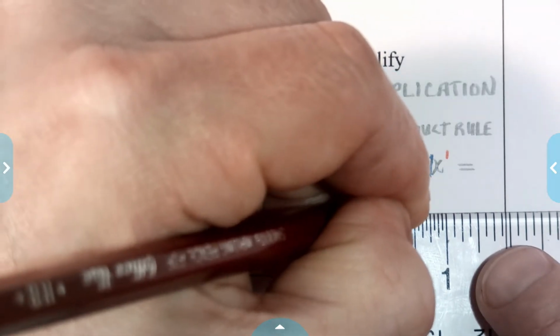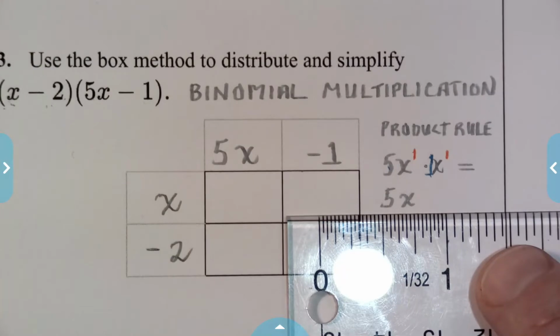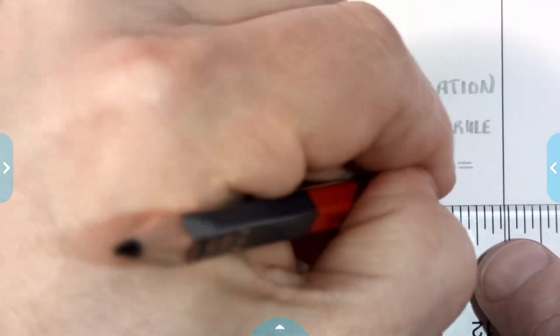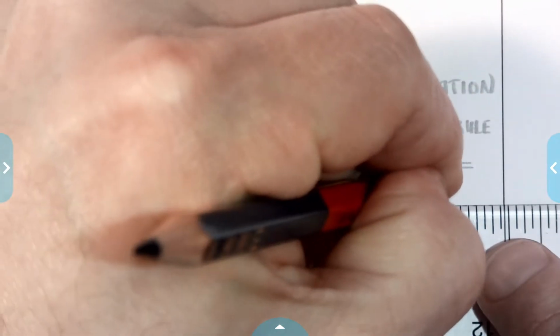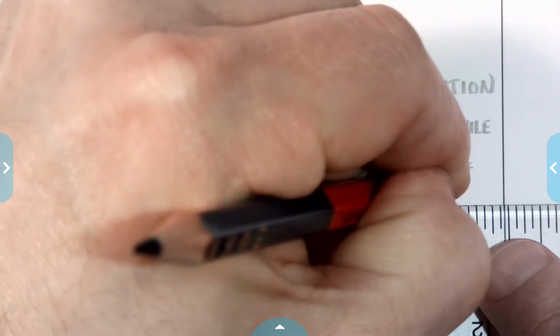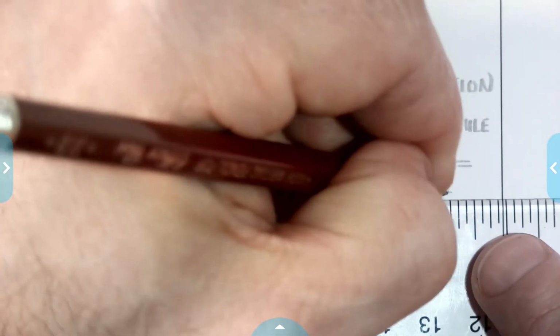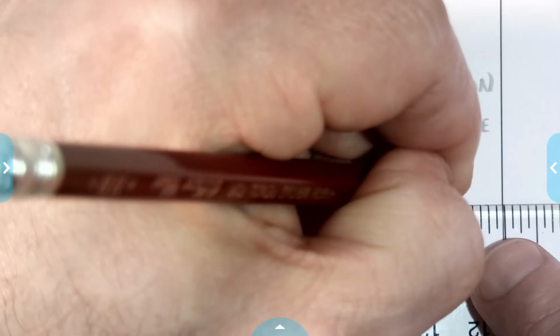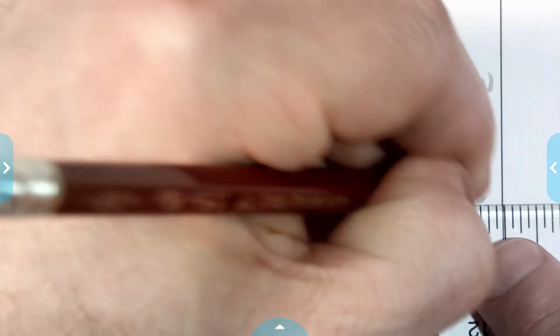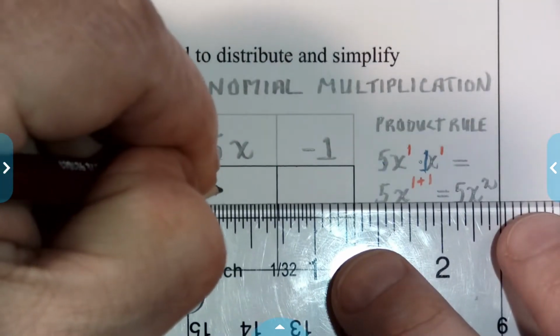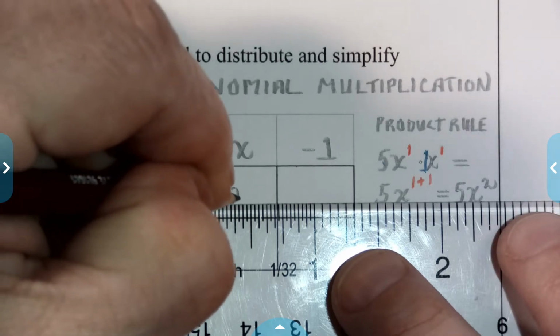And now x times x, you have x raised to the power of 1 plus 1. Well, what's 1 plus 1? 2, right? So now you've created a quadratic term, 5x squared. Okay, and that's how that 5x squared comes to be. So in here, we'll put 5x squared.